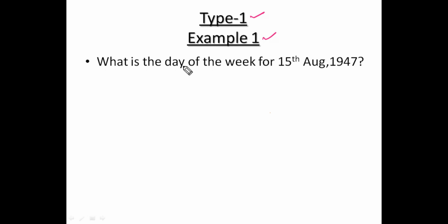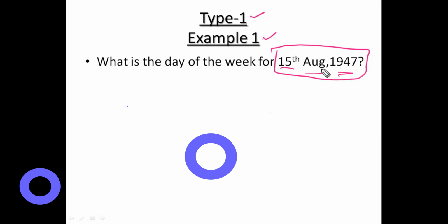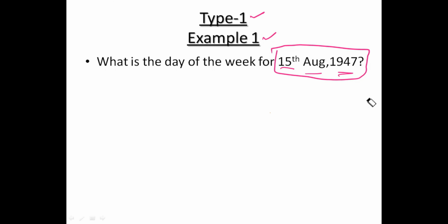What is the day of the week for 15th August 1947? To solve this question, we have to divide this date into two parts. First of all, tell me, in this year 1947, 15th August, how many completed years are there?